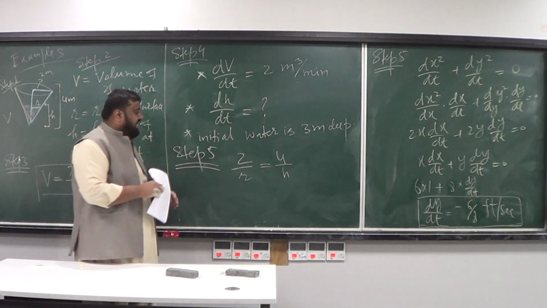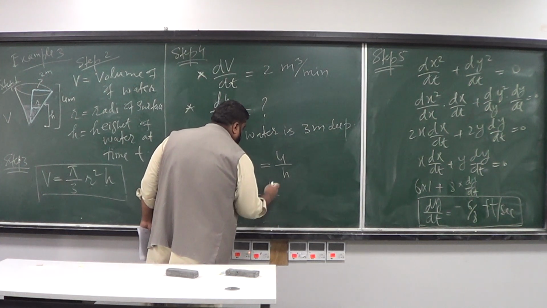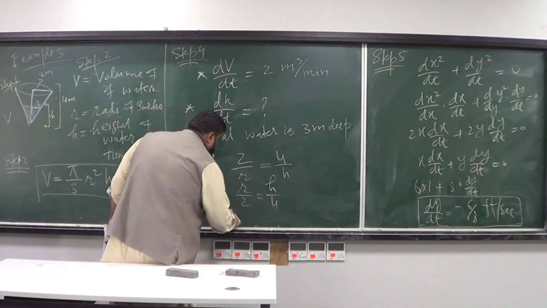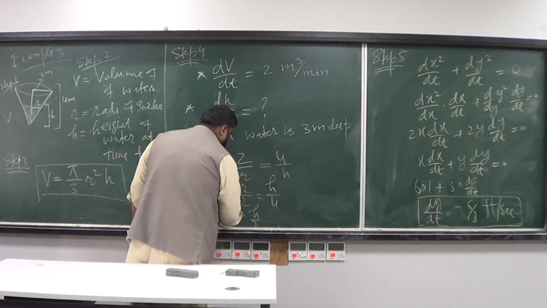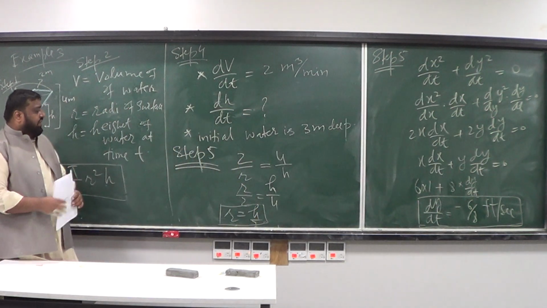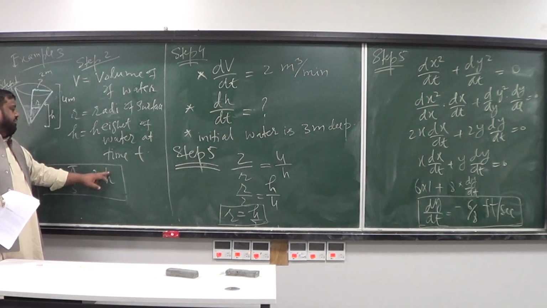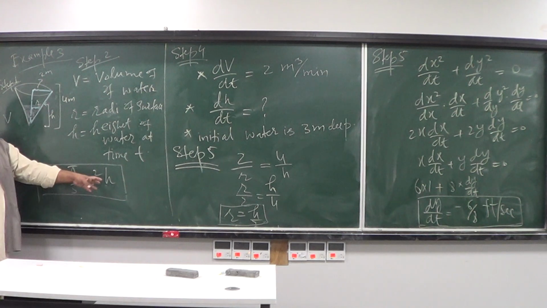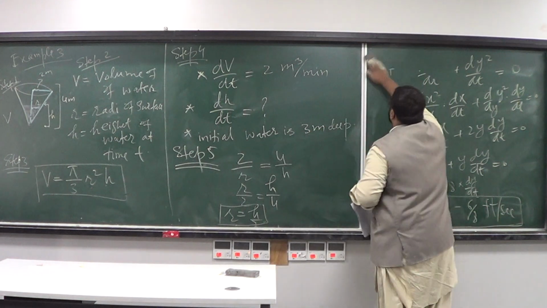So if I take the reciprocal, it's going to be r by 2 equal to h by 4. Okay, and hence r would be equal to h upon 2. So this is the relation that we get. So if I use this relation in this formula, then my formula would give me a relationship between volume and height only. So let's do it.